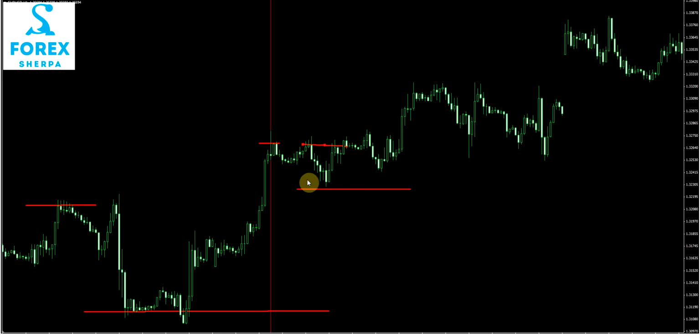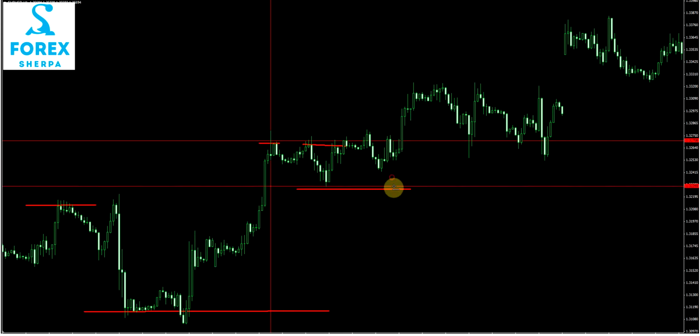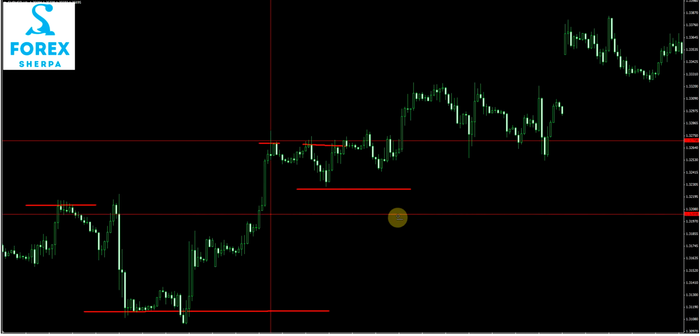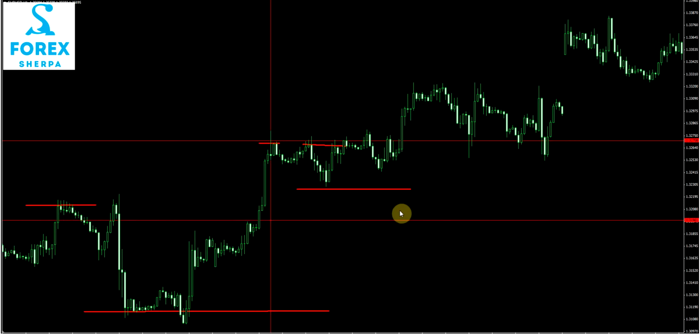Now we're going to calculate the stop loss of the strategy. We have to open the position if this candle has been closed. We're going to place the stop loss under the lower point of the correction, which is 1.3228, and it's going to be 1.3198.